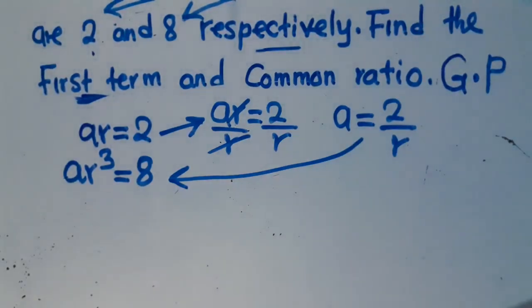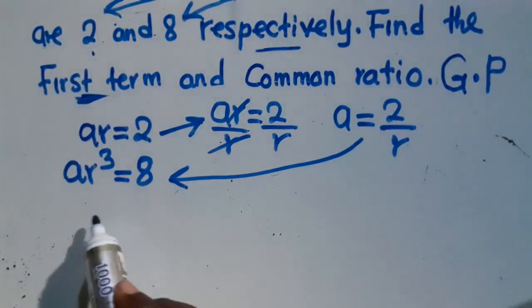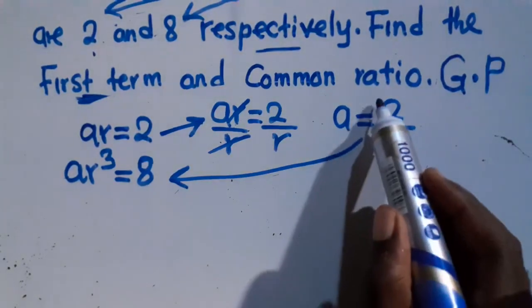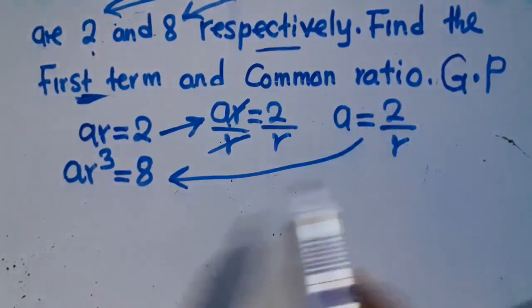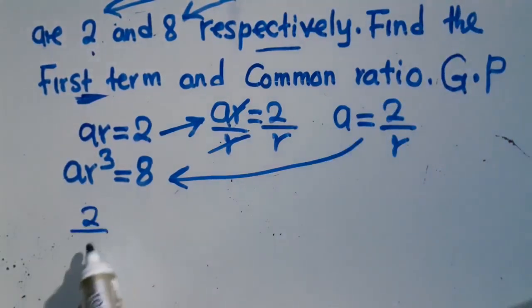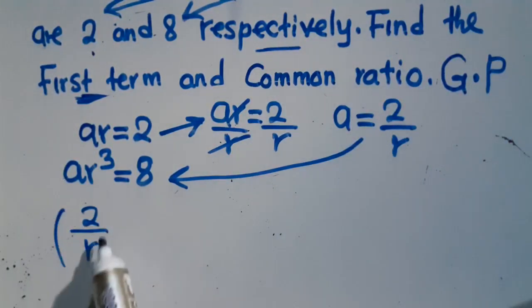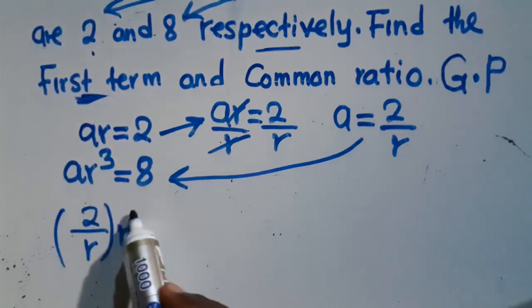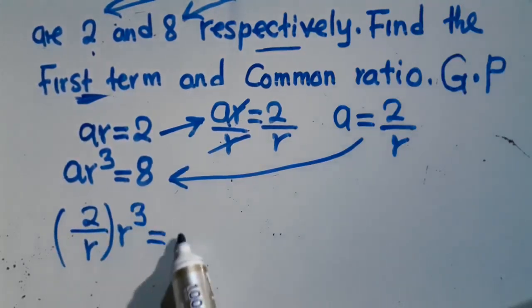So where there is A, I put 2 over R in this equation. 2 over R multiplied by R cubed is equal to 8.